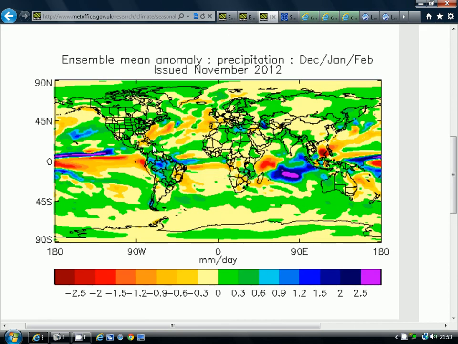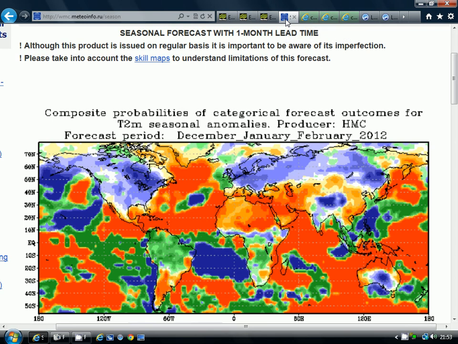In terms of precipitation, slightly above average precipitation is being forecast here for many central and eastern parts of the nation. It's nearer normal out to the west, but actually this is going for quite a wet winter, I think, here across many parts of the United States, certainly above average precipitation being forecast, and temperatures not particularly on the warm side either.